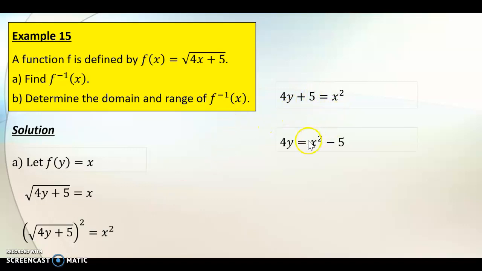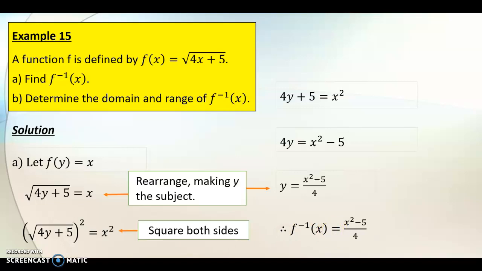The next step is to isolate the f(y) over here. Bring 5 to the right hand side, and then we have y as the subject. So y is equal to (x squared minus 5) over 4. Now y will be the inverse function.